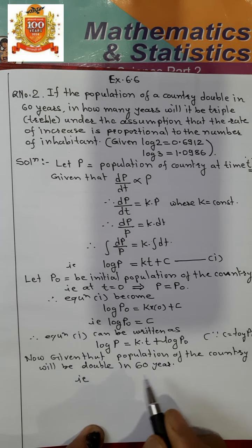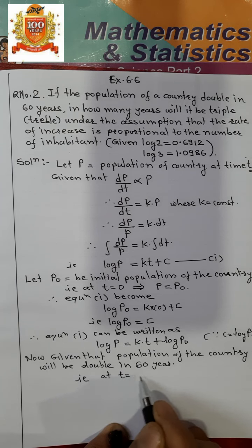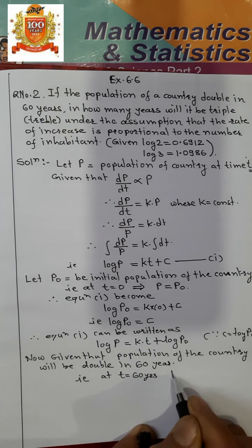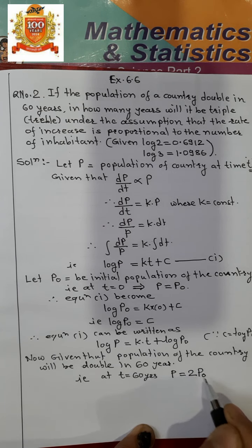That is, at t is equal to 60 years, P is equal to twice of P0.